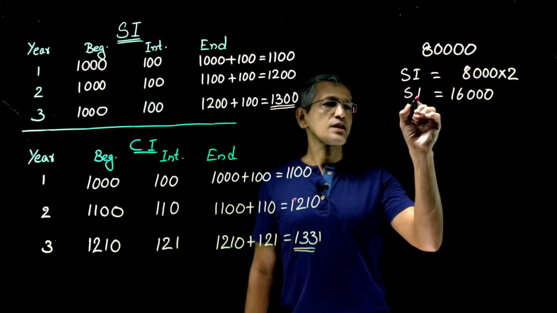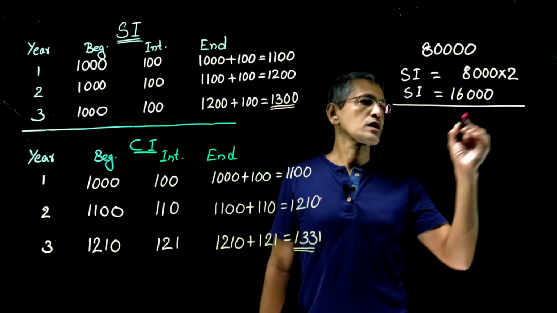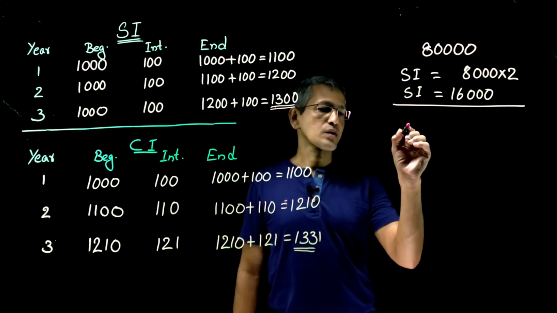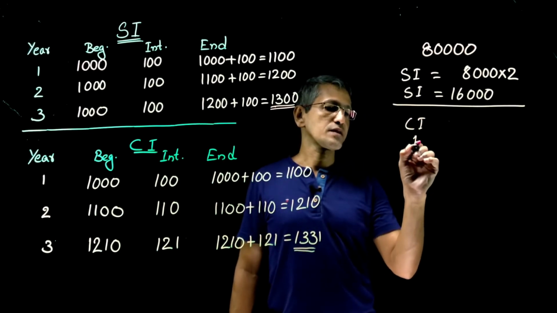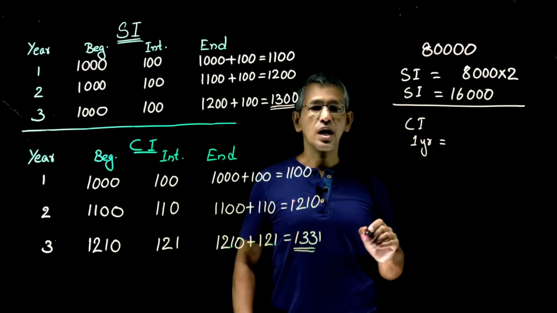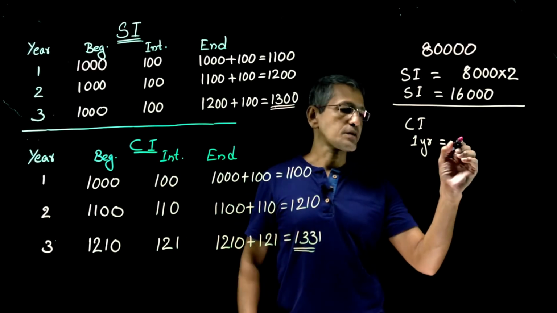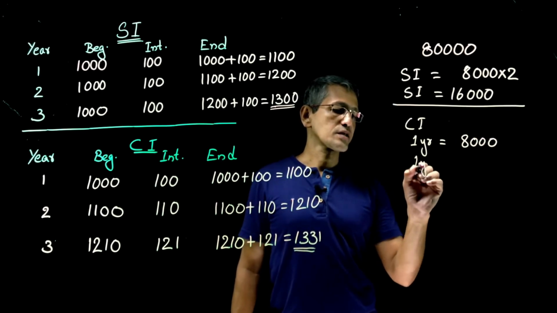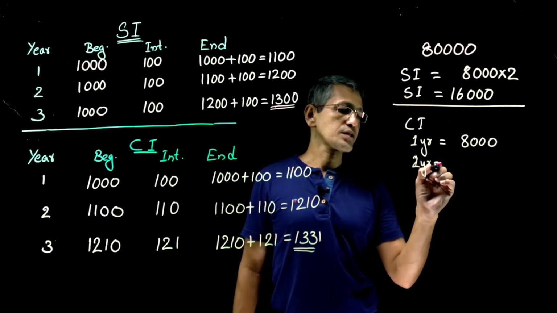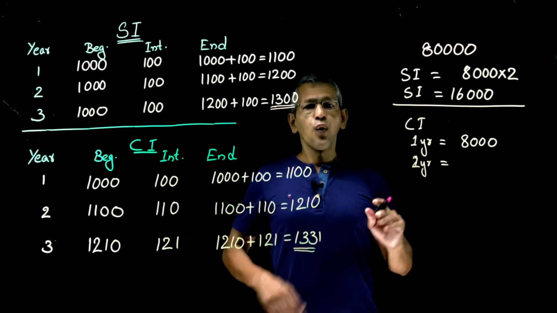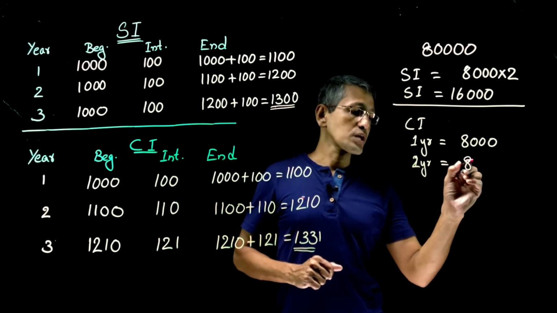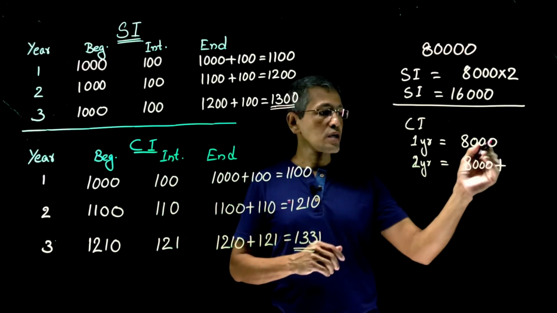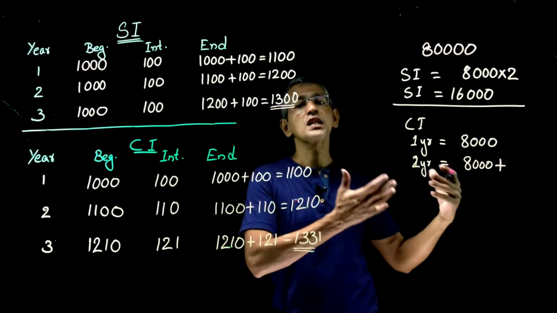So that is simple interest. If it is compound interest, what would be the interest? 80,000 for the first year, year 1. Compound interest, the first year, how much is that? 10%, right? So 10%, that's 8,000. And for the second year interest, year 2, it would be 8,000 plus you will get an interest for this 8,000 rupees you earned in the first year.